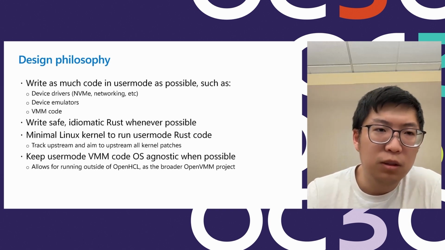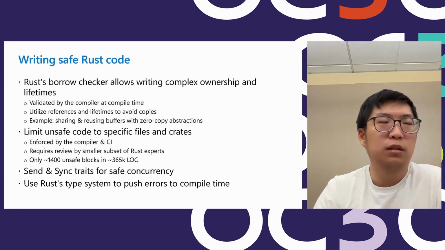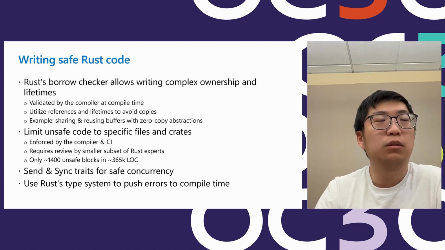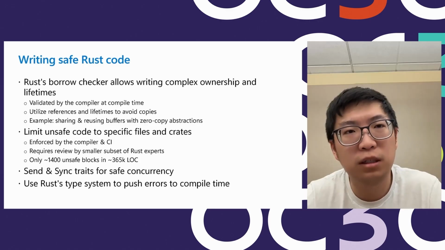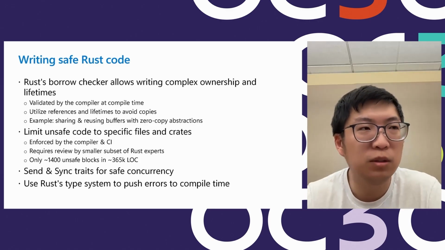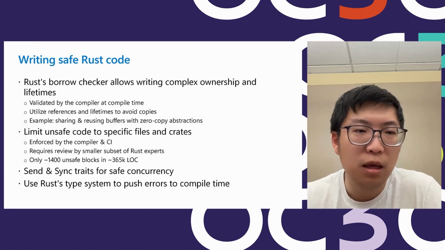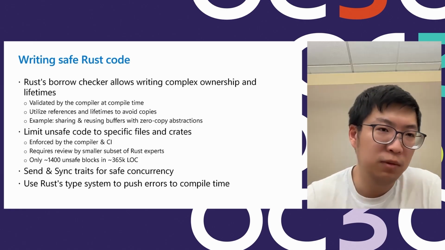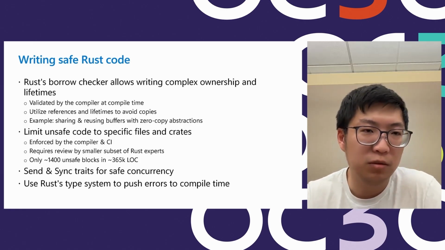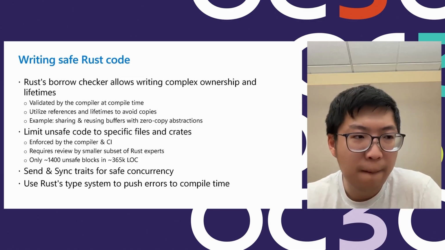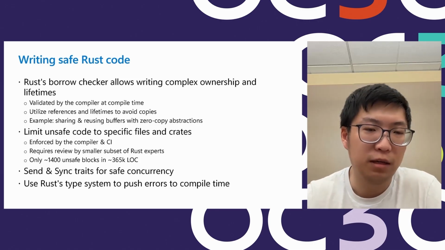So I want to talk about Rust. And when you think about where the Paravisor is in the guest, it's really a crucial component to the security of the guest. And we know how difficult it is from previous experience writing C and C++ code to get that code completely right.